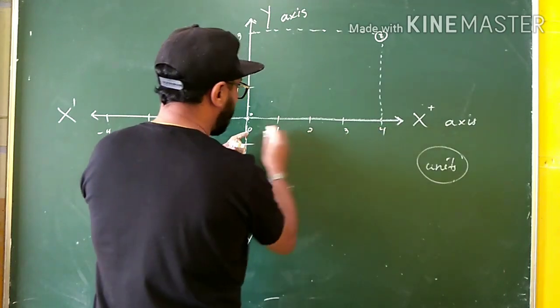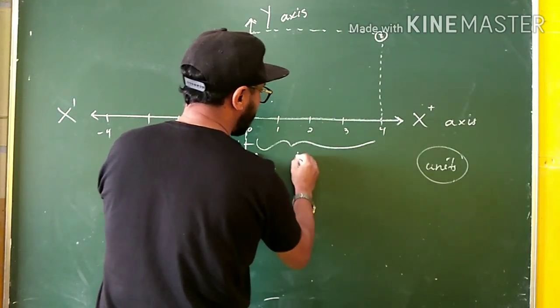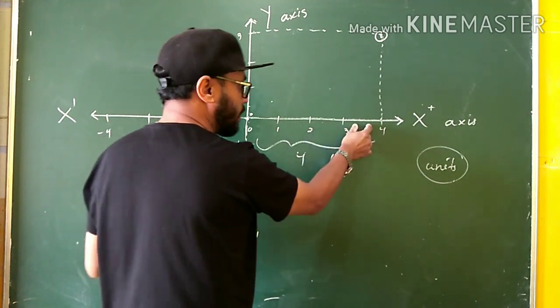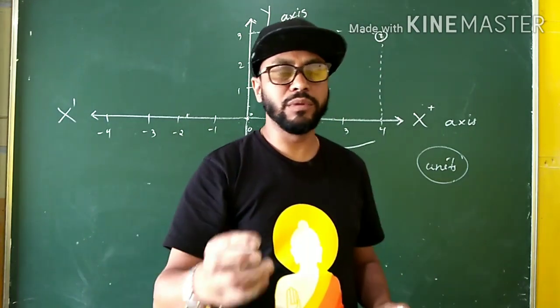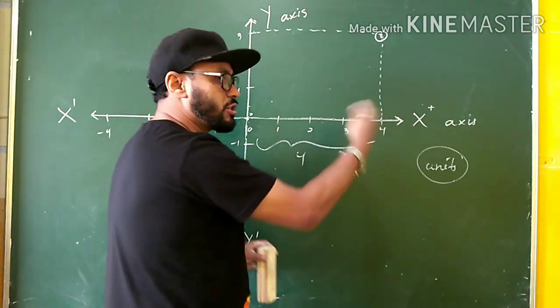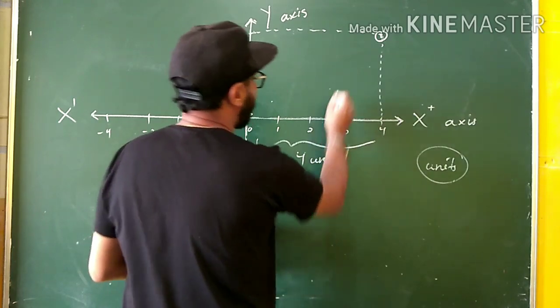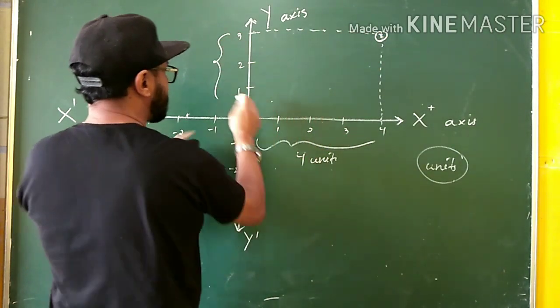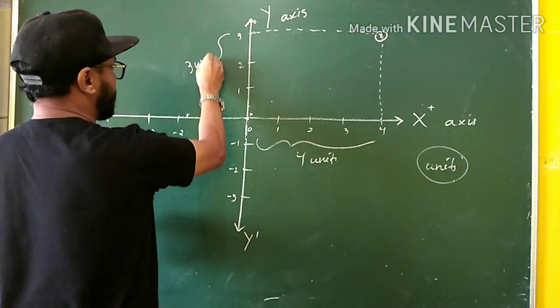From the origin on the x-axis, this point is 4 units only: 1, 2, 3, 4. You cannot say 4 centimeter or 4 kilometer because we don't know how much unit we are taking. So that's why 4 units. Now on the y-axis, the distance from the origin at this point is 3 units.